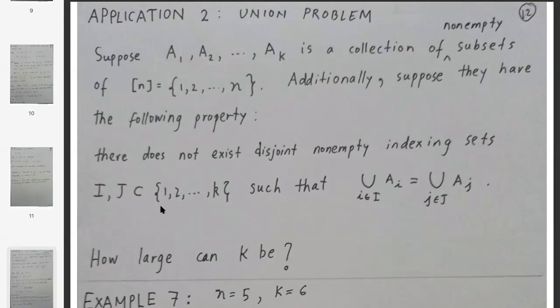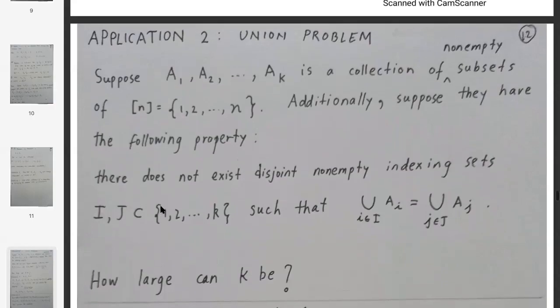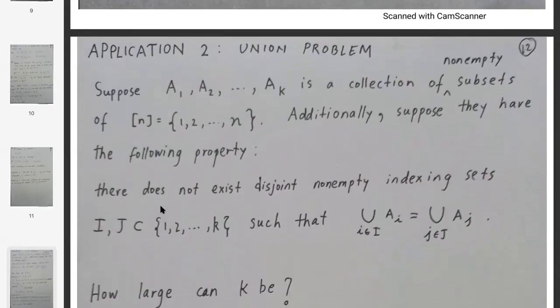Now the question is, how large can K be? It's plausible that if K is very large, then somehow we'll be able to group these into two groups, leaving out some of the Ai's, such that the union of the first group is equal to the union of the second group.